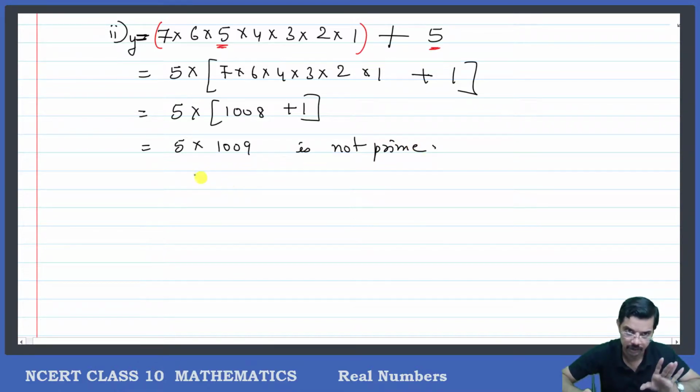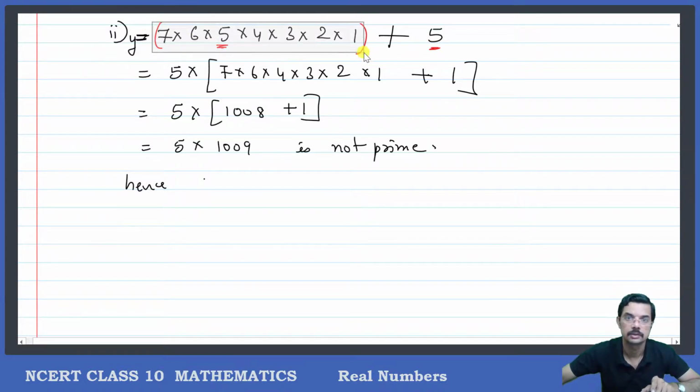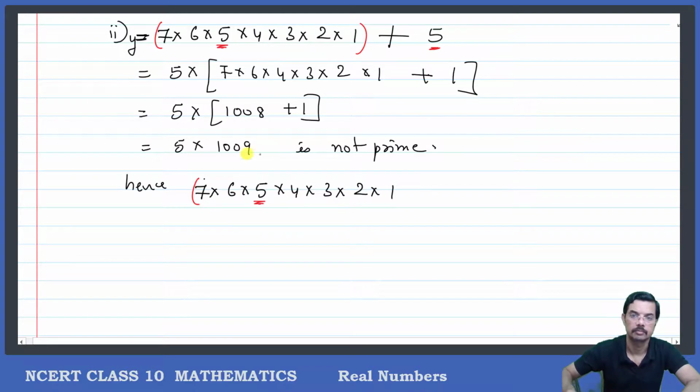Hence we can write, whatever the number was, this is the number. This is not prime, it is composite. Are you following?